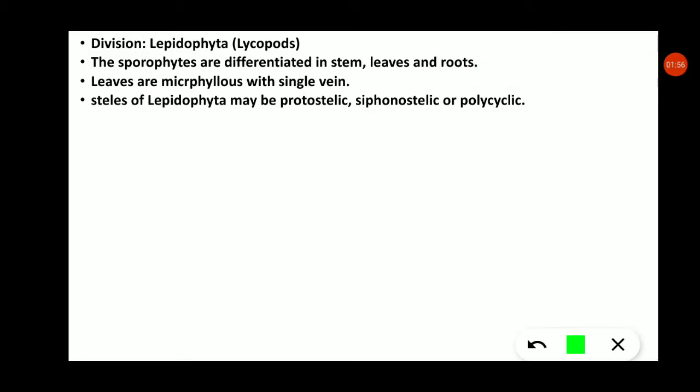In the division Lepidophyta, the stele may be protostelic, siphonostelic and polycyclic. These are the different types of steles according to the arrangement of xylem and phloem.